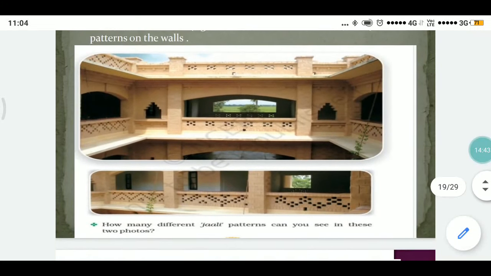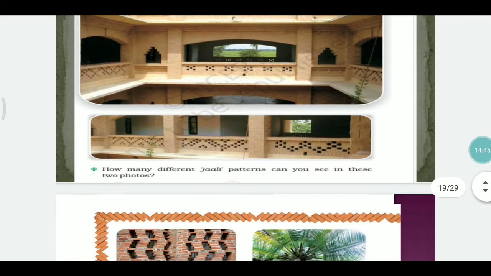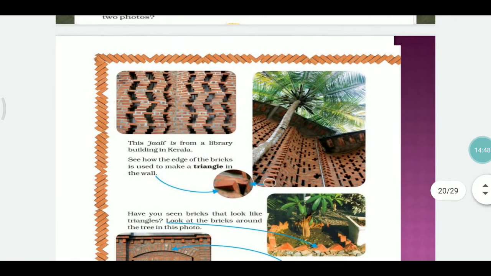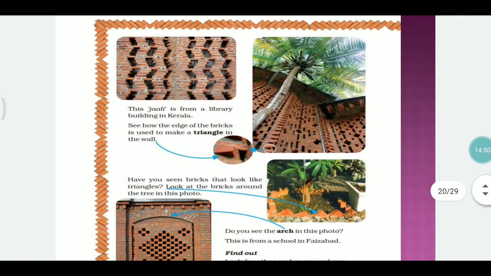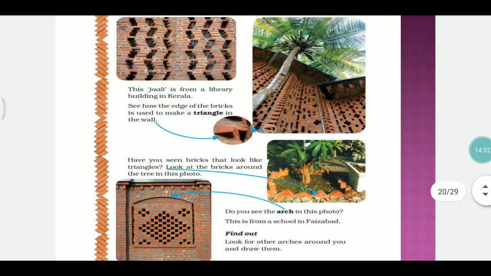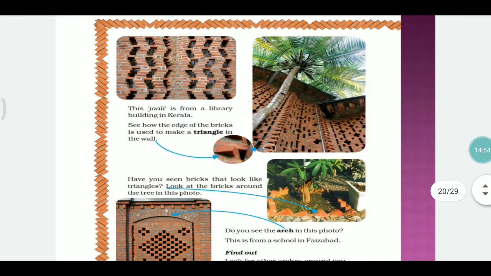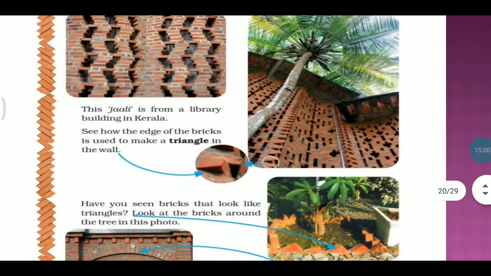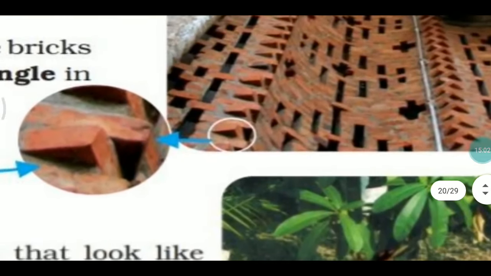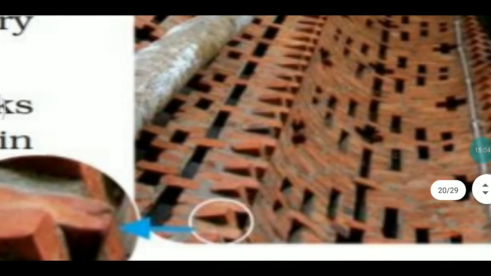Next, look at some jali patterns that are on your page number 19. This jali is from a library building in Kerala. See how the edge of the bricks is used to make a triangle in the wall. Look, the triangle shaped.